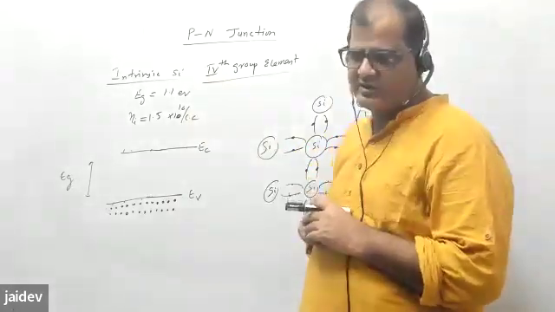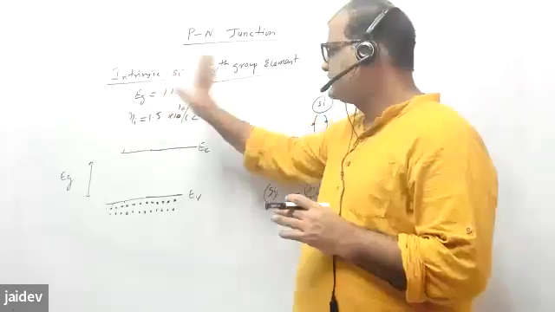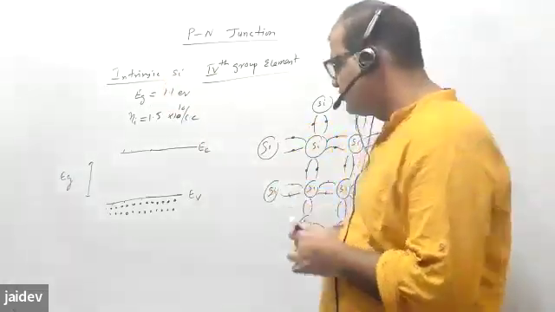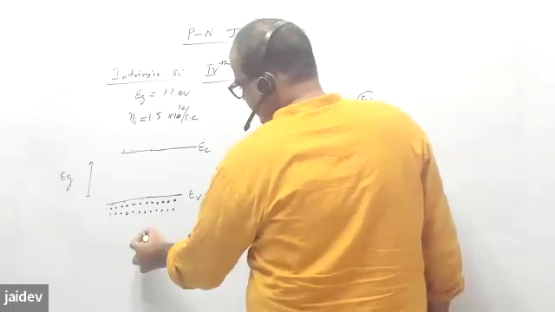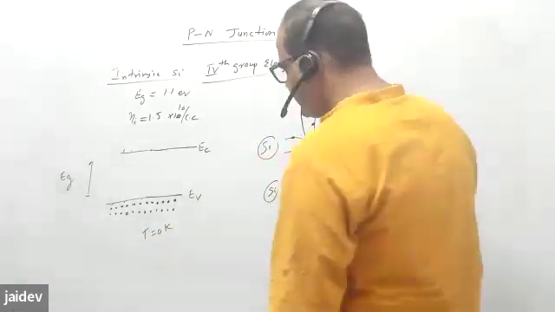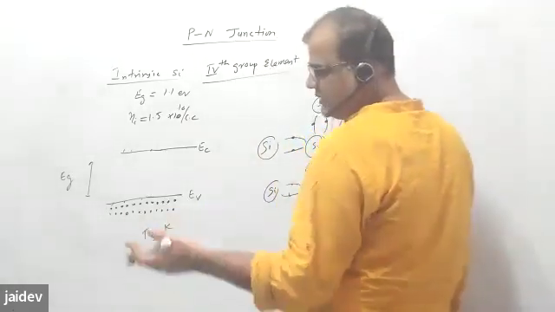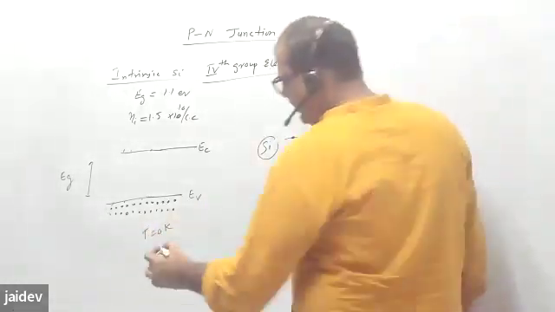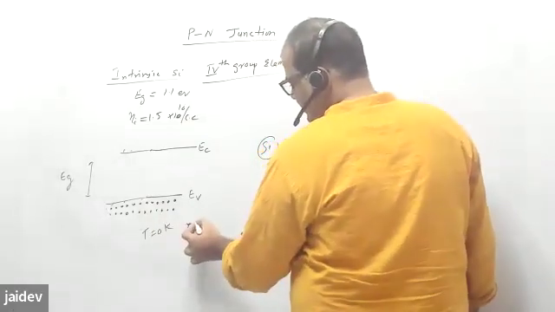We don't have any electrons here because it's an intrinsic semiconductor at T equal to 0 Kelvin. This is the case at T equal to 0 Kelvin.